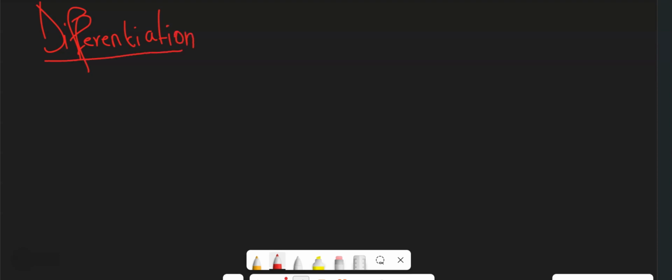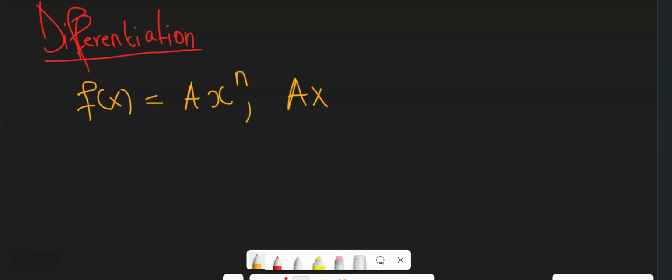In differentiation there are rules, and I'll give a general principle of how to differentiate. When given a function f of x, that is a x power n, let me just correct that.